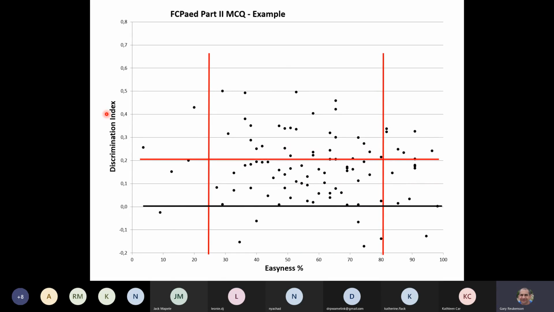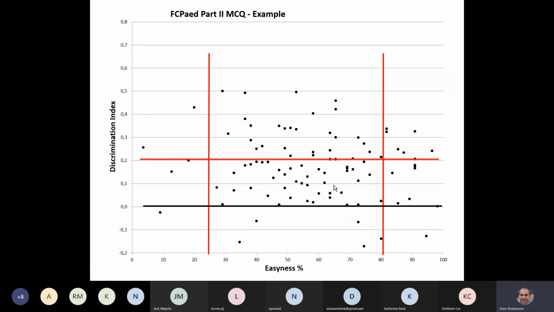So how well that question corresponded to or correlated with the actual final mark on the paper. So essentially, a question with a good discriminatory index was effective at differentiating between those people that ended up doing better on the exam than those people that did less well on the exam.